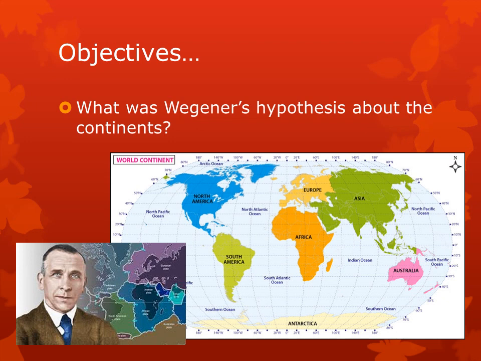Well, you see them labeled there in the map. As I hope you already know, there's North America, South America, Antarctica, Europe, Africa, Australia, and where we are in Thailand, Asia. Okay?